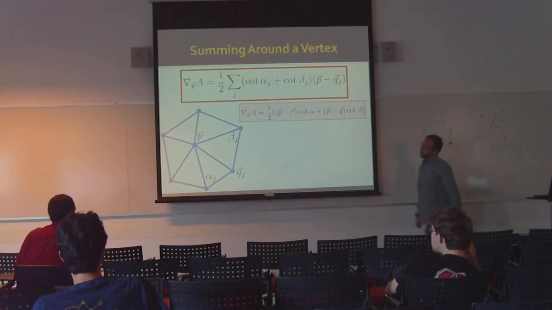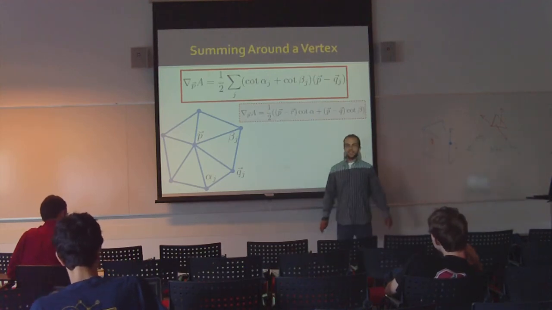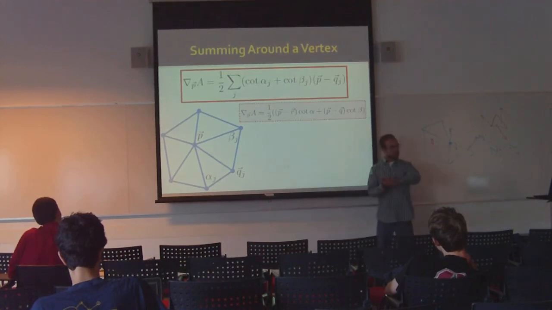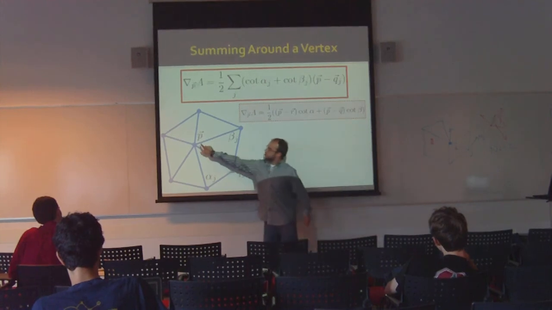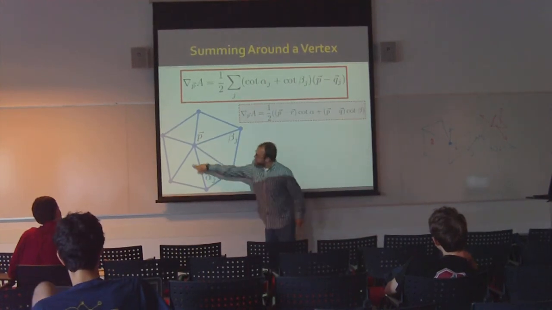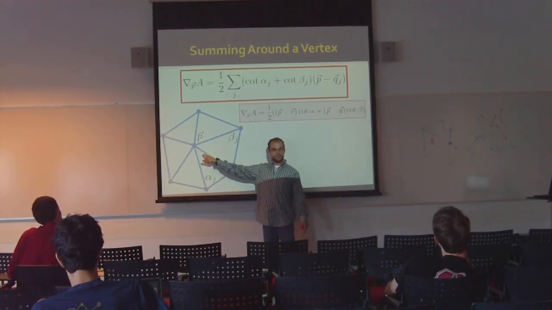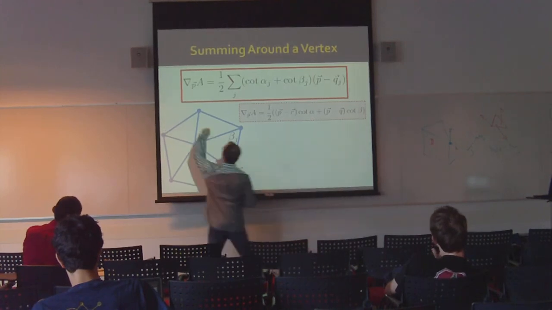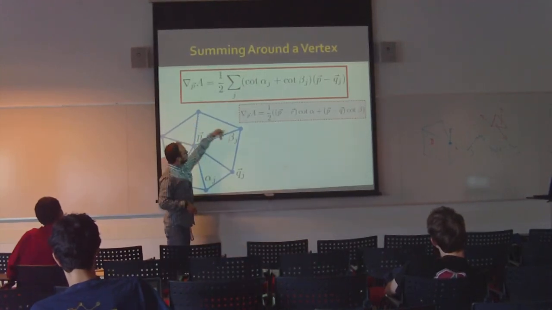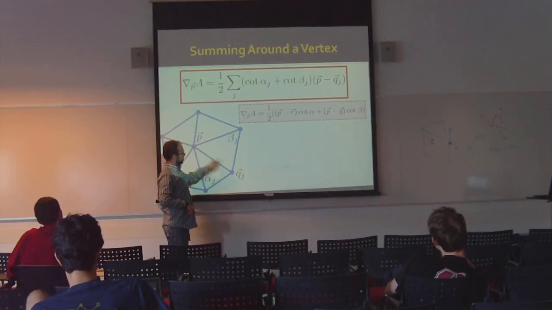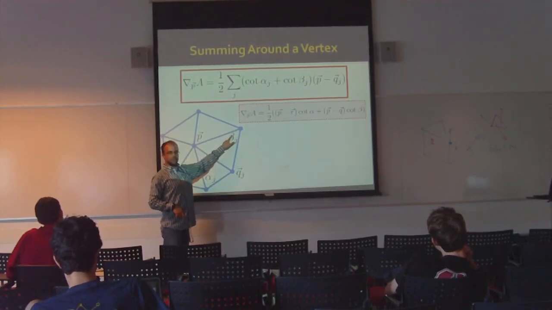So anyway, remember that we really want the gradient of the area of the mesh, and not the area of a triangle. So all we do, the area of the mesh is just the sum of the areas of its triangles. So to get the derivative of area with respect to the position of point P, we're going to sum this up over all of these triangles. So remember what that is: cotangent of this angle times this vector, plus cotangent of that angle times the same vector.